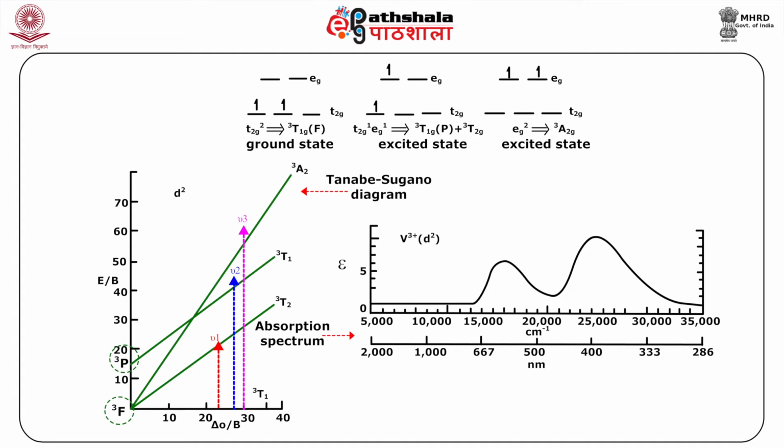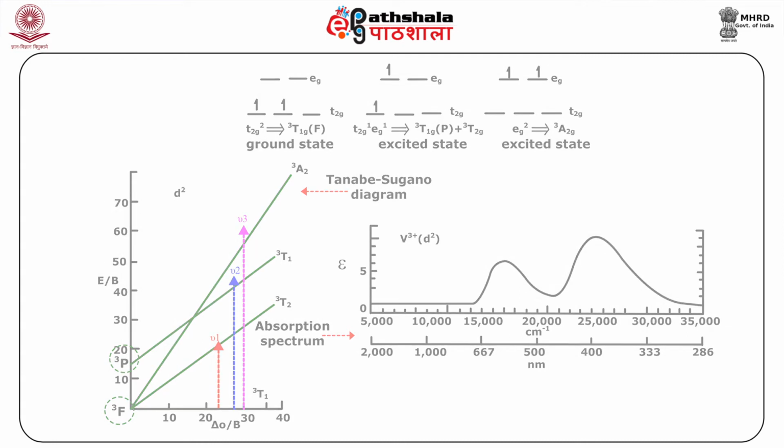An example of a d2 configuration is given by the complex of [V(H2O)6]3+. Its electronic spectrum is shown in the figure. Under ordinary conditions, the most populated state is the ground state triplet T1g(F). The excitation leads to three spin-allowed absorption bands, namely nu1, nu2, and nu3, given in the diagram.